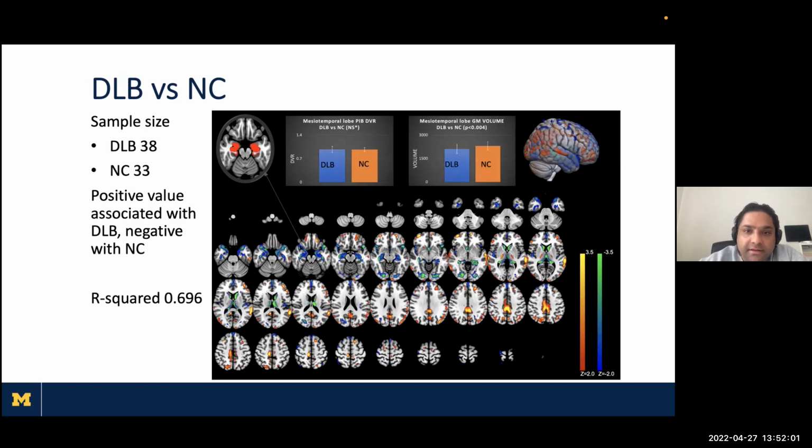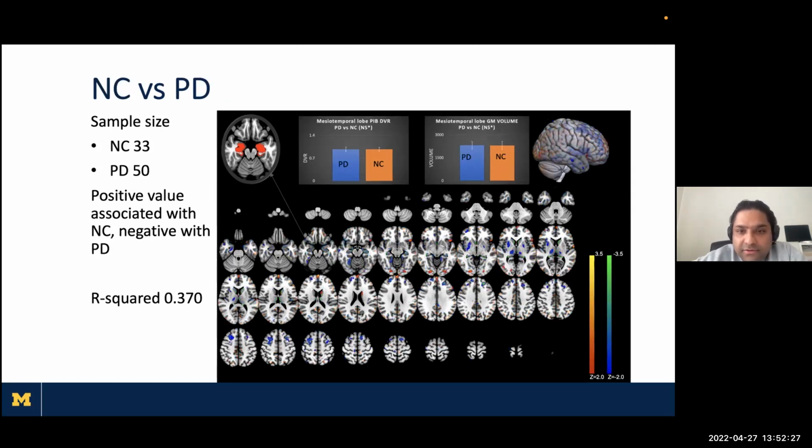We cannot separate them just by looking at the mean DVR values. But at least with the volume, with a p-value of 0.004, we can separate the two groups, but I'm not sure if it will pass.